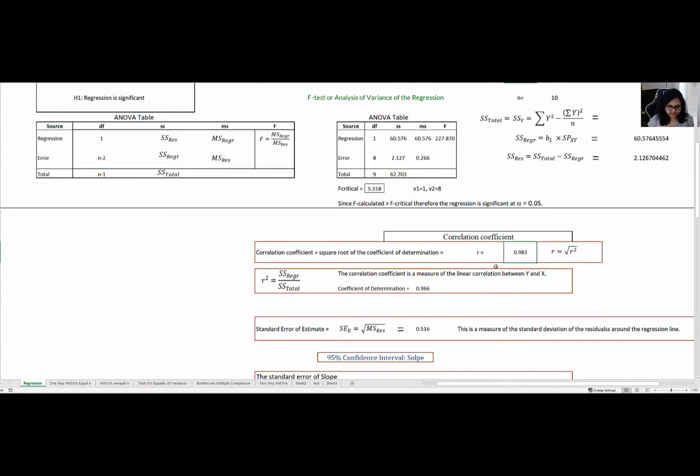If you take the square root, then it will be your correlation coefficient. That means in the linear relationship we have, how much correlation is going on. So you can see there is a high correlation between them. The correlation coefficient is R, and you can take the square root.